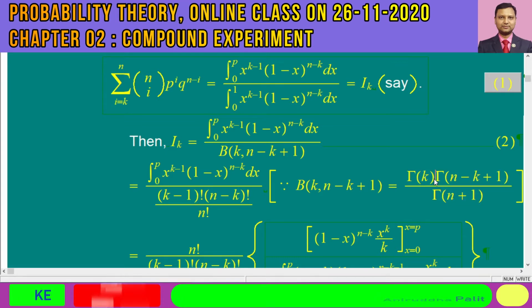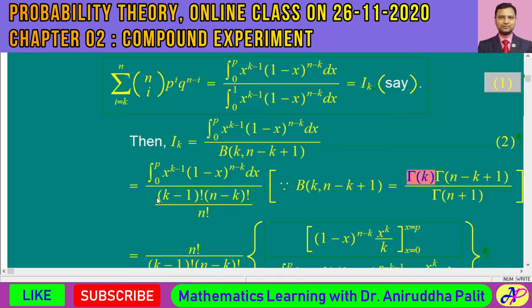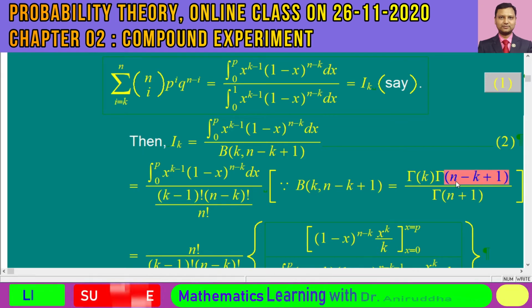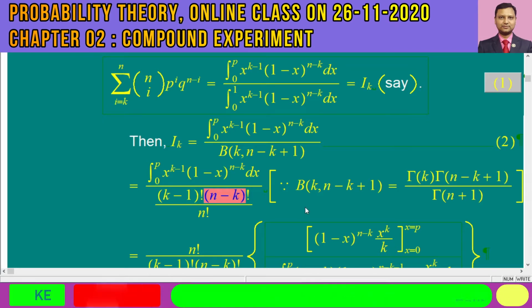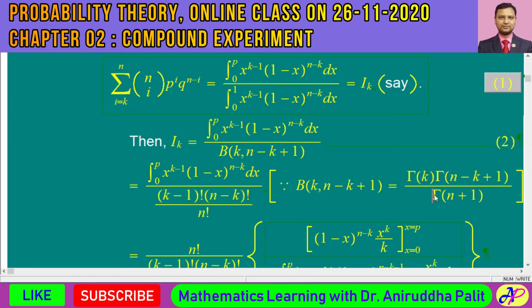So this would be gamma k, that is factorial of k minus 1, into gamma of n minus k plus 1, that is equal to factorial of n minus k, and gamma n plus 1 is equal to factorial of n.